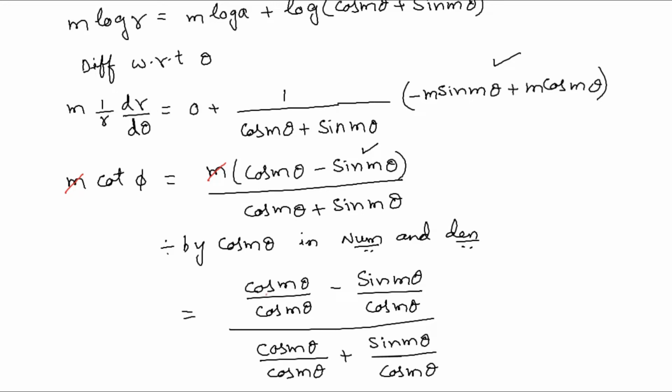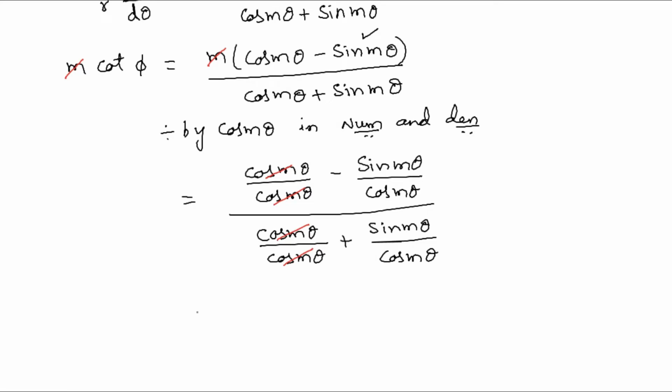We can cancel out this cos m theta. So that will be equal to 1 minus sin by cos, which is tan, so we'll be getting tan m theta, whole divided by 1 plus sin m theta divided by cos m theta, which is nothing but tan m theta.